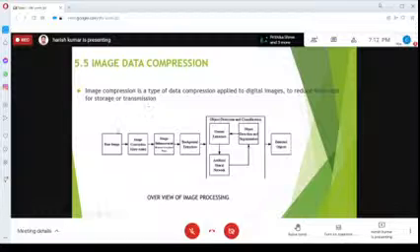In image processing, first, I told that the raw image is taken as an input. It may be an RGB color image or it may be grayscale. Nowadays we are going to use colored images only. We won't use any black and white images, right? So this RGB colored image is taken as an input in image conversion.